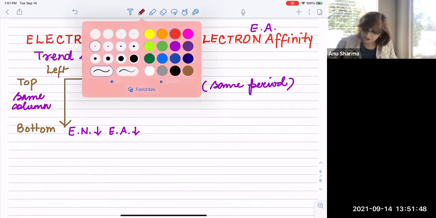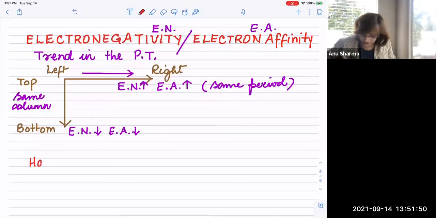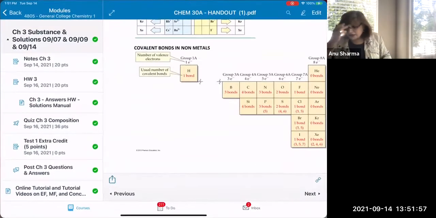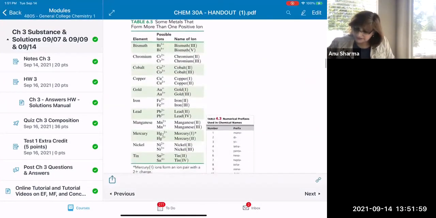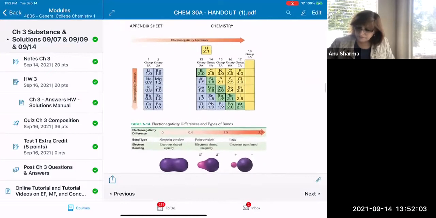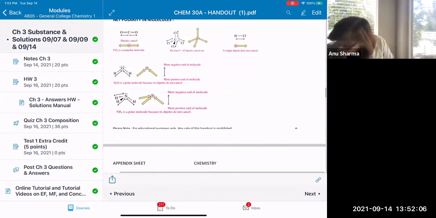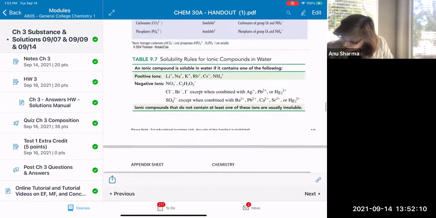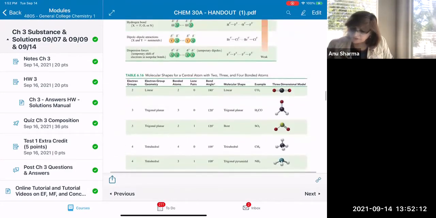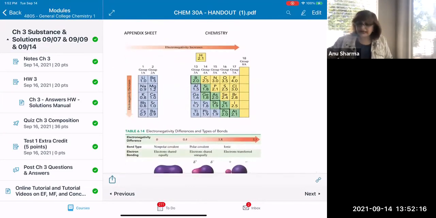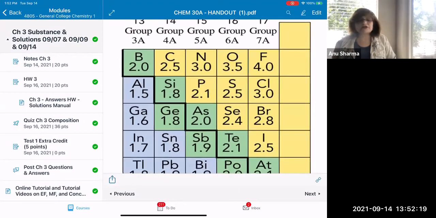Next, you're going to look at the handout, where these values are given. Let's go back here. Okay, so here we see these values. This is on page number 8. This table on page 8 lists the values of the electronegativities.